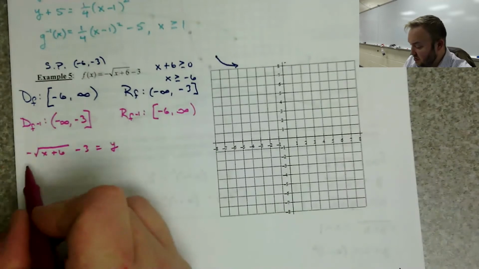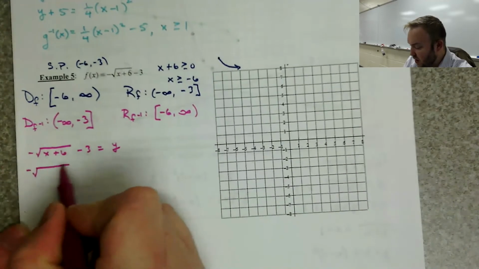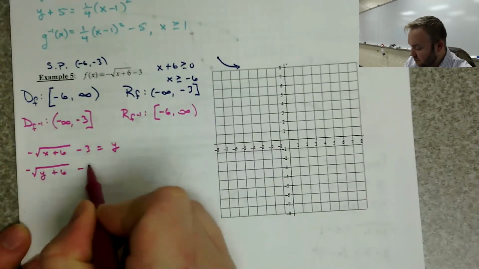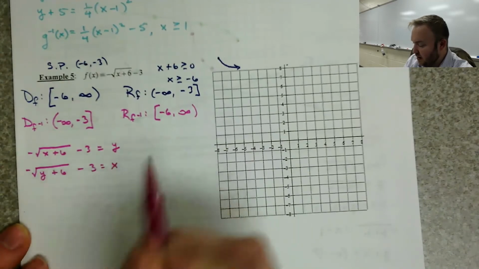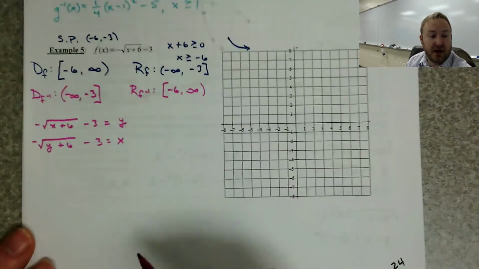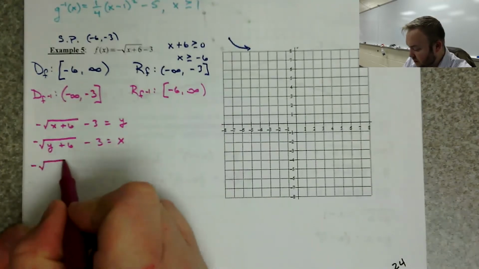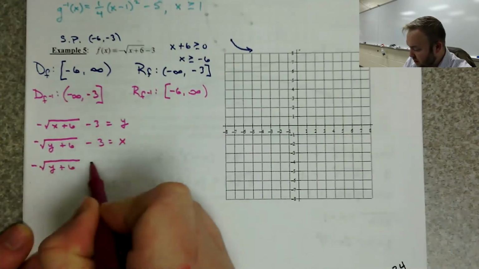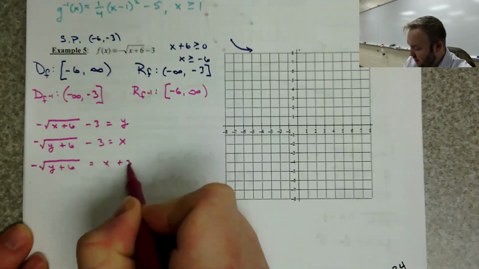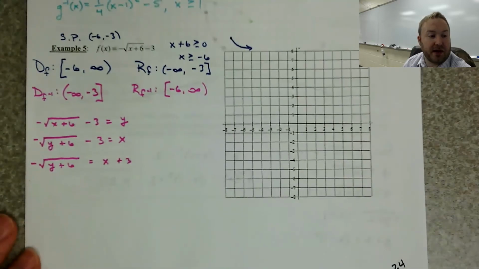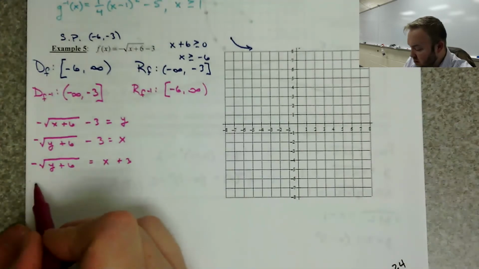Now I'll switch the x and the y, so this x becomes a y, and this y becomes an x, and now I just have to get the y by itself. So I'm going to add 3 to both sides. Then I'm going to multiply both sides by a -1.